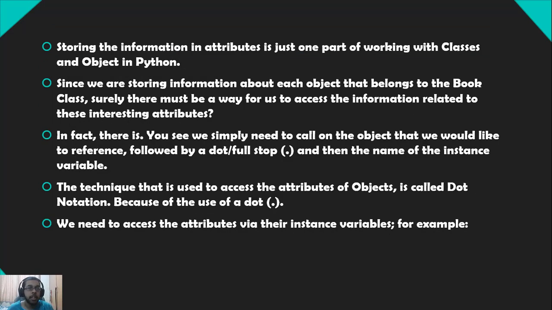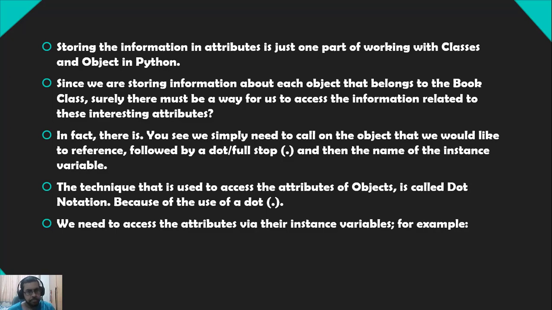Storing the information in attributes is just one part of working with classes and objects in Python. Since we are storing information about each object that belongs to the Book class, surely there must be a way for us to access the information related to these interesting attributes. In fact, there is.